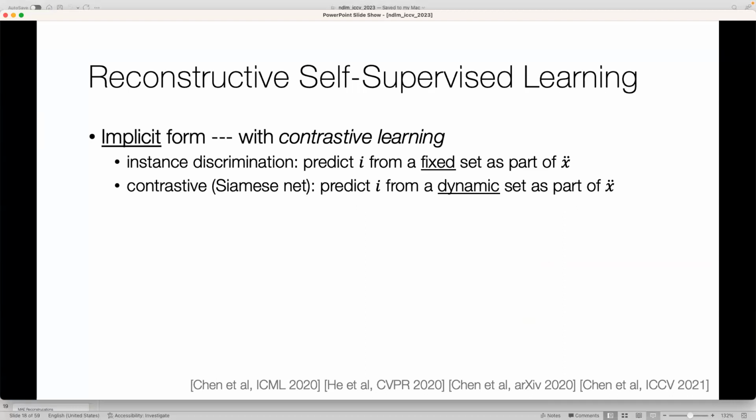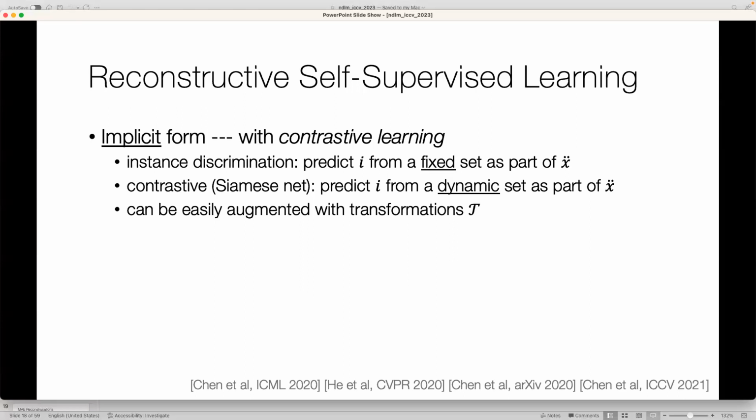It will randomly sample, for example, 4,000 from the 10,000 data points, and use that as a candidate set for the model to predict the index. So in this way, contrastive learning can also be thought of as just trying to recover the index from the data.